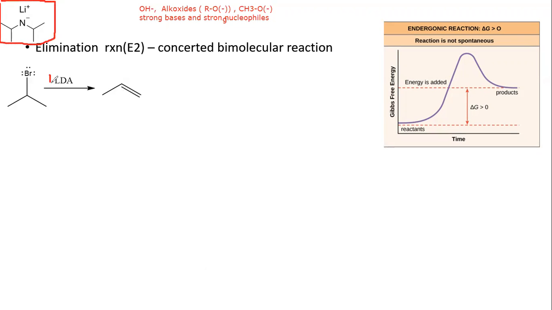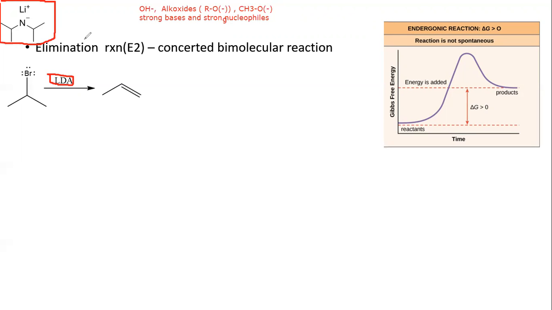LDA is its common abbreviation. Again, this is a strong base but a weak nucleophile. And the reason it's a weak nucleophile is because it's very bulky. So this would only undergo an E2 mechanism because it's a strong base and a weak nucleophile.